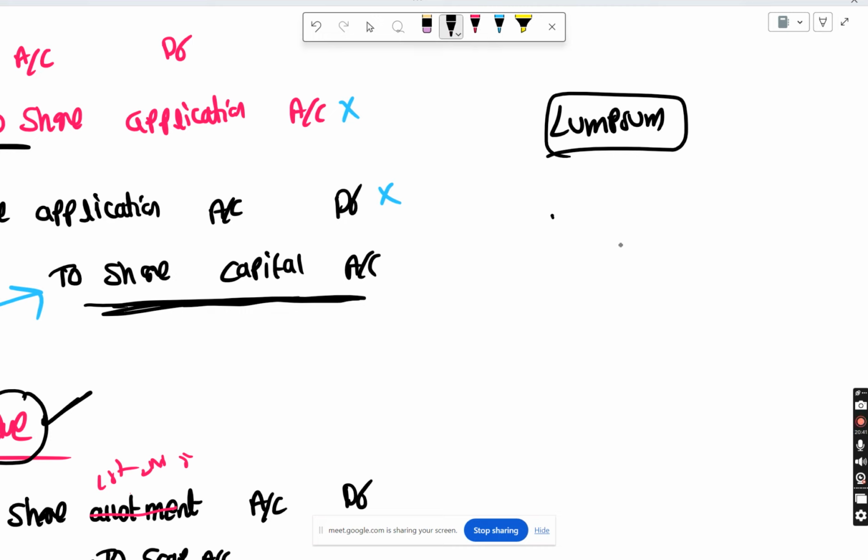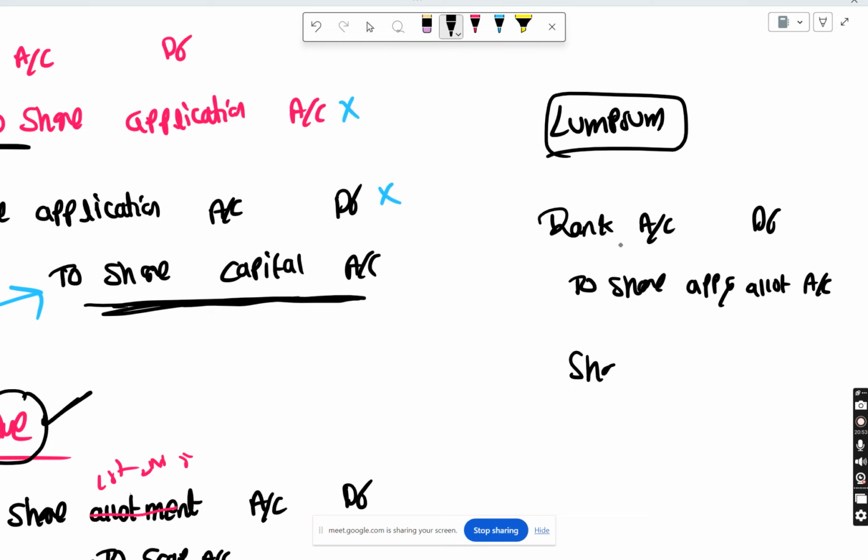So you can directly write: bank account debit to share application and allotment account, then share application and allotment account debit to share capital account.